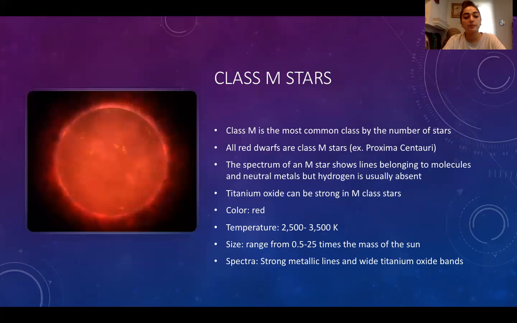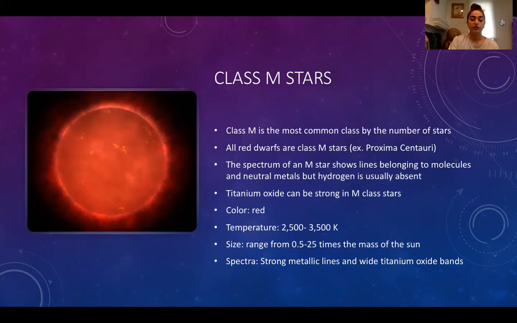And last but not least, class M stars. They are the most common class by the number of stars. All red dwarfs are class M stars. For example, Proxima Centauri, which is the closest star to our solar system. The spectrum of an M star shows lines belonging to molecules and neutral metals, but hydrogen is usually absent.